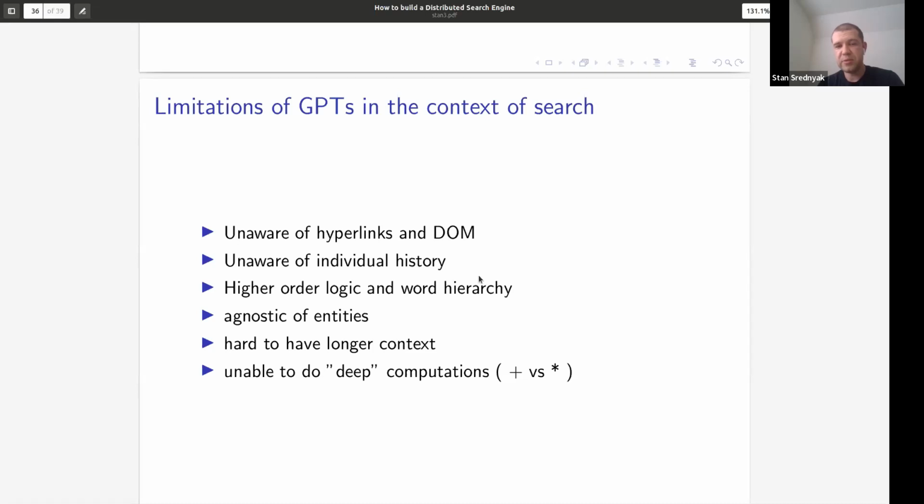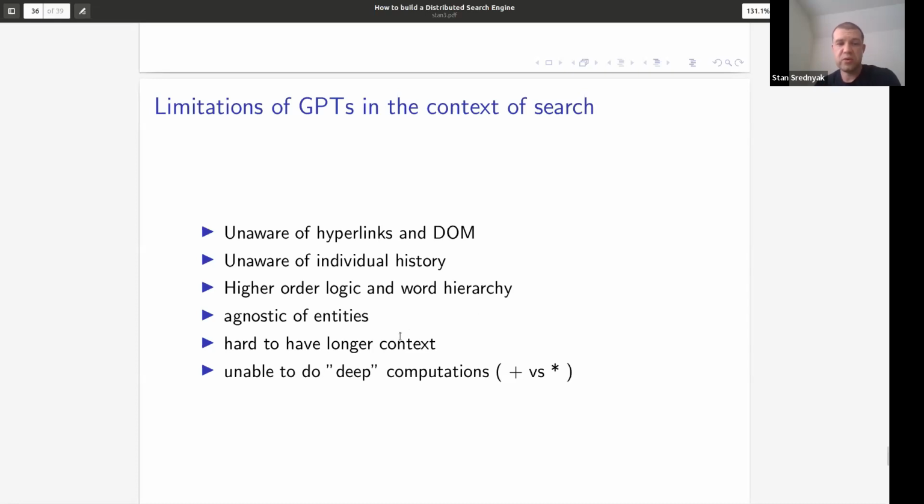Now there are some conceptual or potential problems with the transformer models. For example, it doesn't respect the higher order logic structure and the word hierarchy. Of course, you might argue that it's not even necessary because those words are somehow disintegrated into weights of the system. And that might be true, but nonetheless, it's subjectively true that there is a hierarchy of concepts, and probably some further experimentation would be necessary to settle this problem.